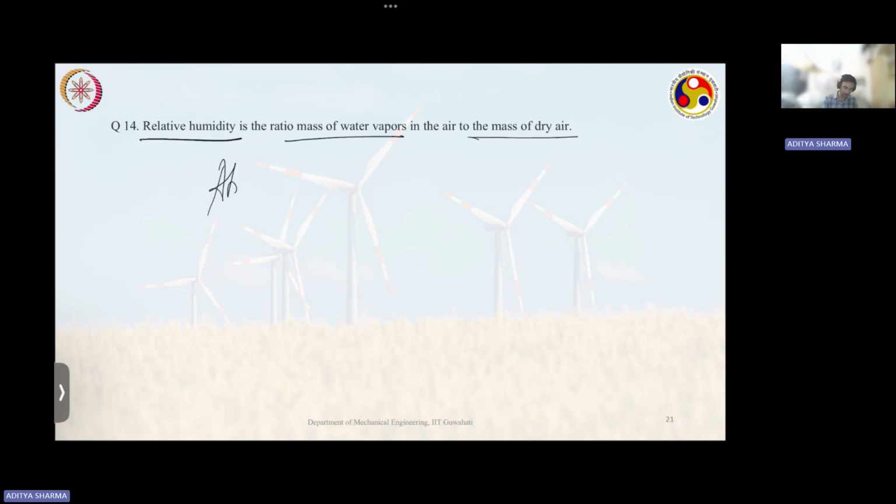This is the definition of absolute humidity. Relative humidity is when we compare the partial pressures of water vapors in unsaturated and saturated states, right? So in that case, this is a false statement. So B option is correct.